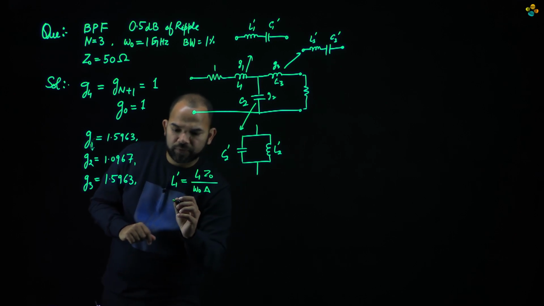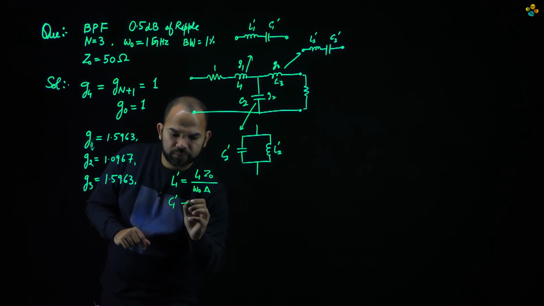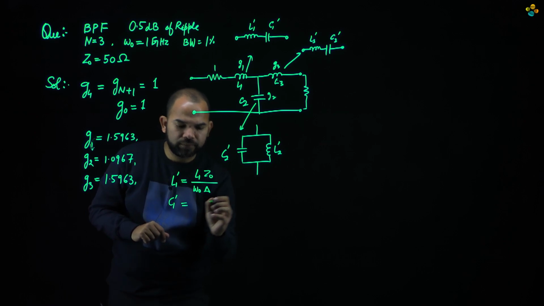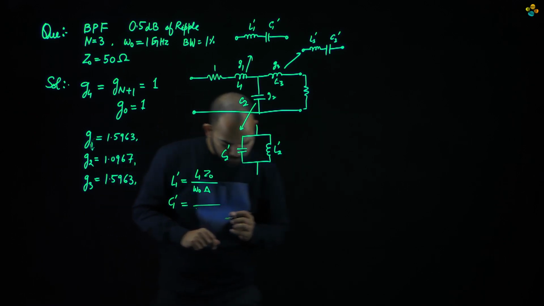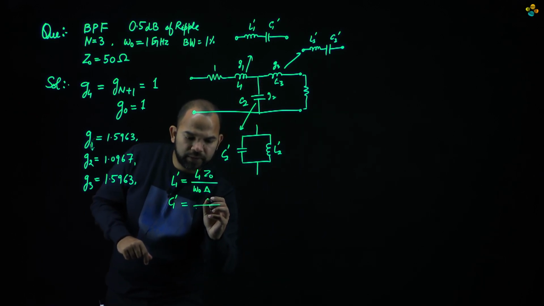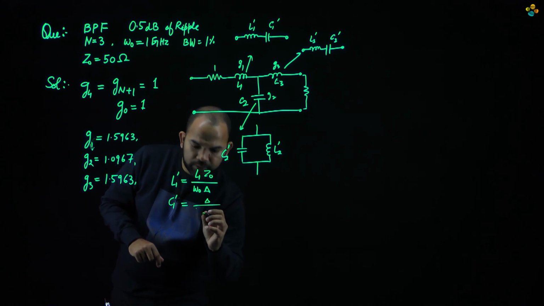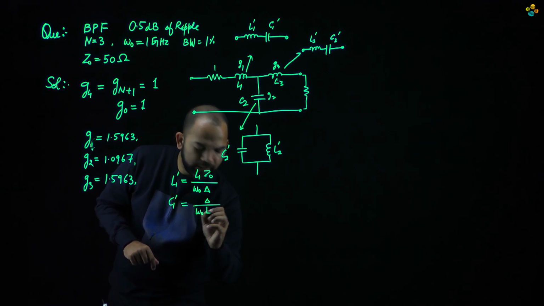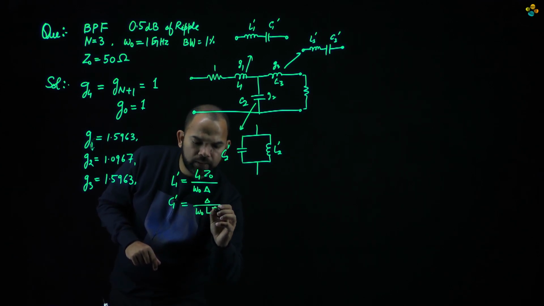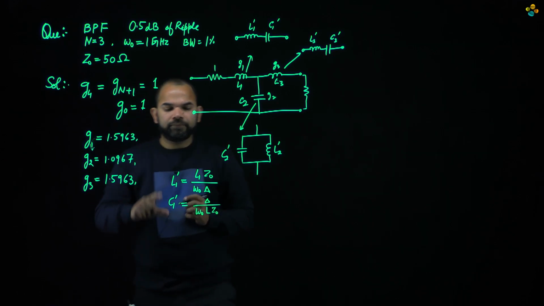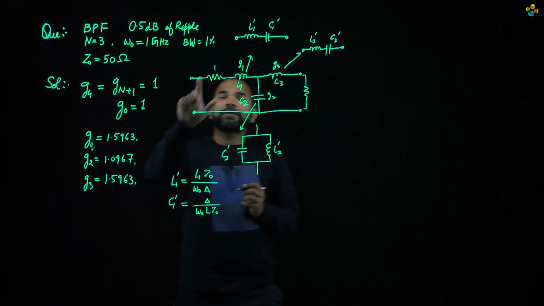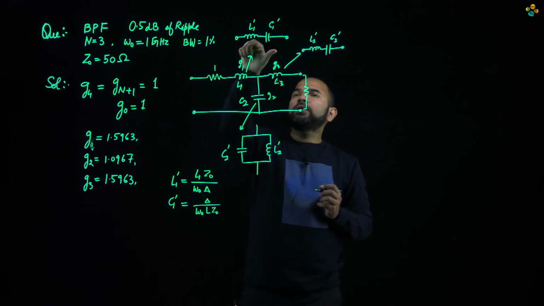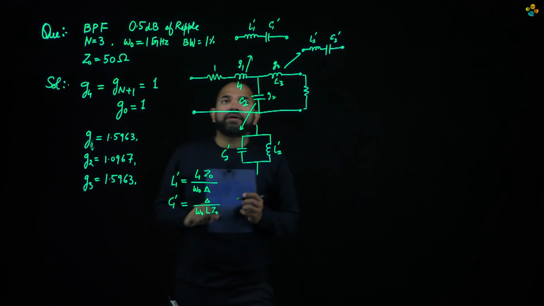Similarly, if we talk about C1 dash, C1 dash is equal to delta divided by omega naught L1 Z naught. So this transformation is for a series inductor to a series combination of inductor and capacitor.